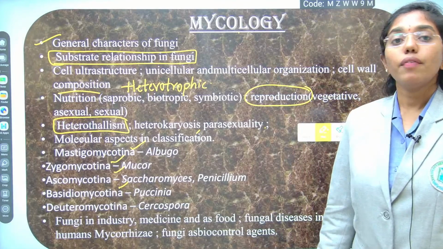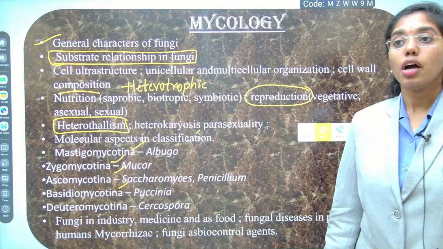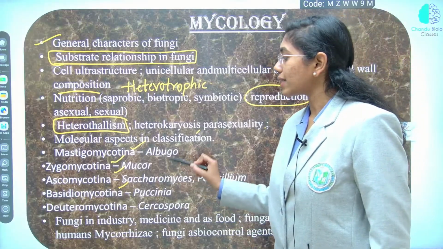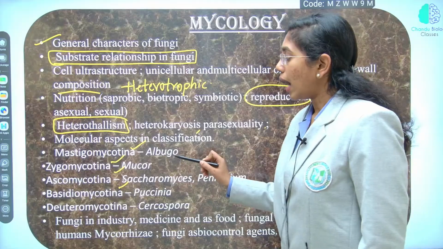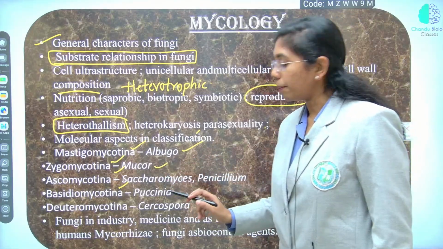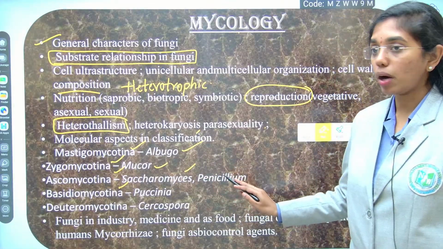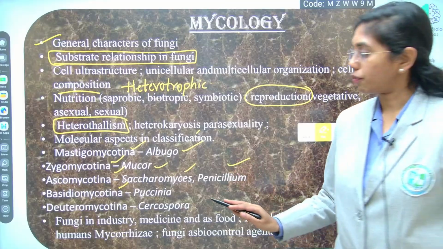After learning the characteristic features under each class, we will be learning the type study under each class. Under Mastigomycotina, Albugo; Zygomycotina, Mucor; Ascomycotina, Saccharomyces unicellular form, Penicillium multicellular form.